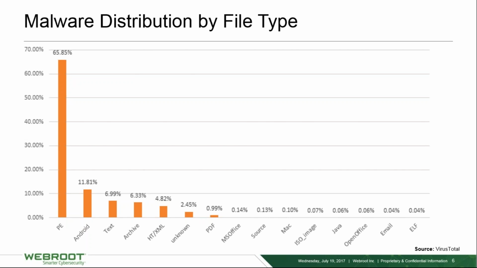So PEs have been primarily responsible for distributing malware. After that, you'll see Android, text, archives, XML files, different file types. But the predominant file type is these portable executables, and that's what we're focused on with the first generation of streaming malware detection.